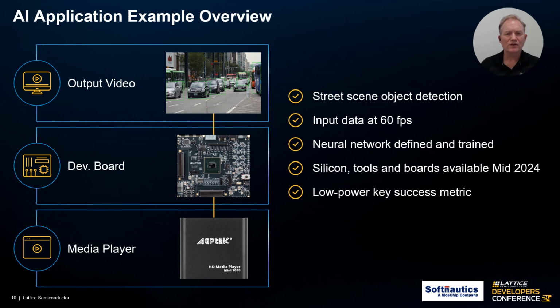And we were interested to investigate how the Lattice Avant solution compares with other similar solutions from other FPGA manufacturers, using the kind of FPGA that we would recommend and the FPGA that those manufacturers would recommend.